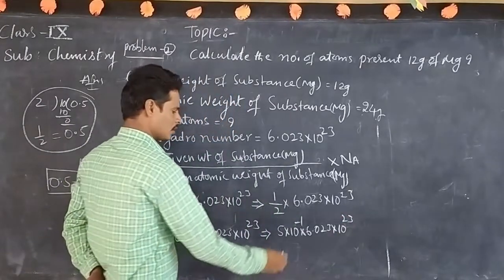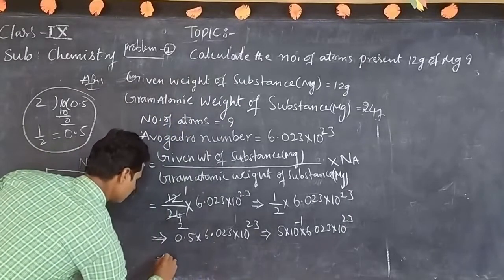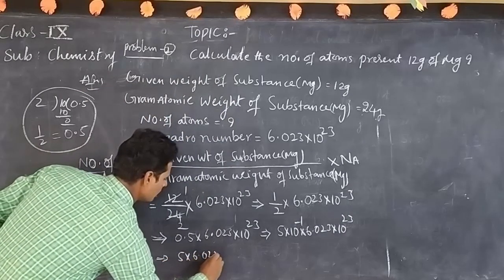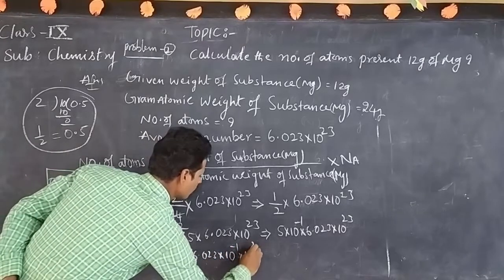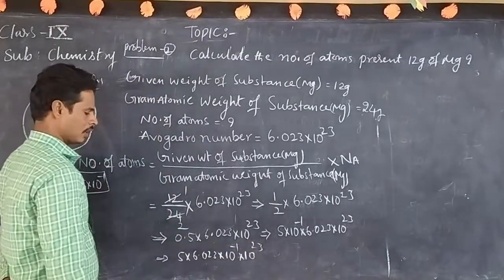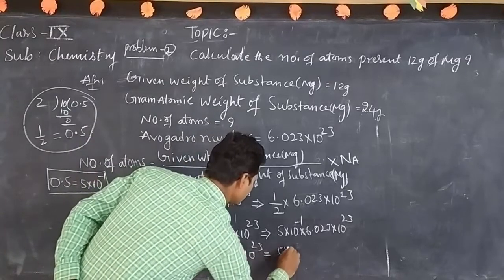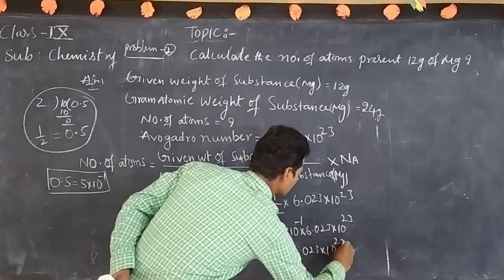So again you should write 5 into 6.023 into 10 to the power minus 1 into 10 to the power 23. So minus 1 plus 23, after this we get 5 into 6.023 into 10 to the power 22.